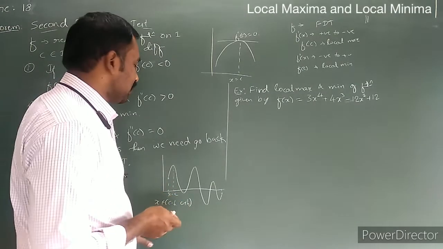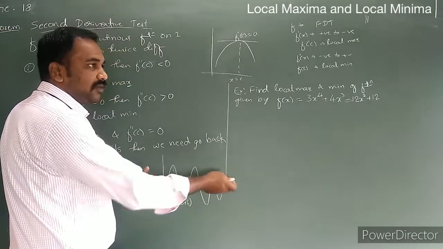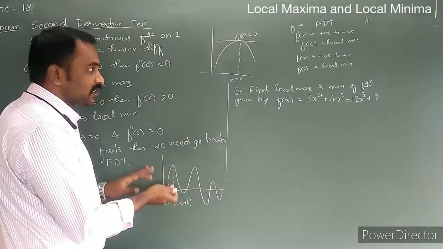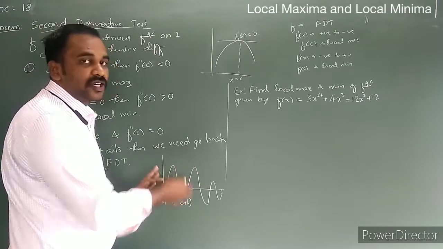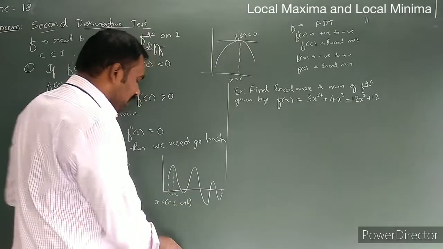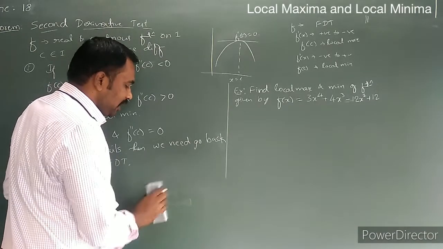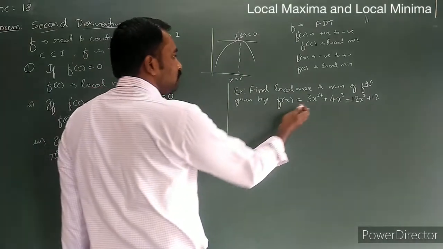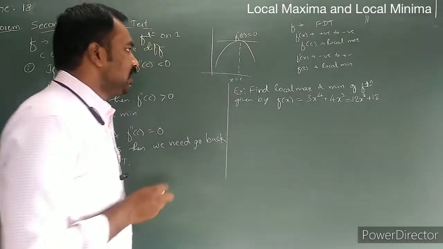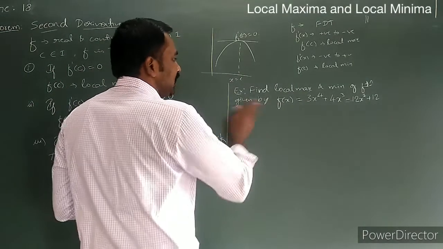At all the critical points, we have to find the local maxima and local minimum values. For this fourth degree polynomial function, I will use the second derivative test.